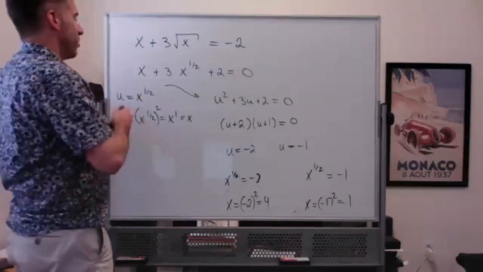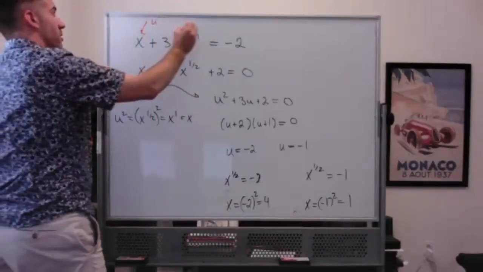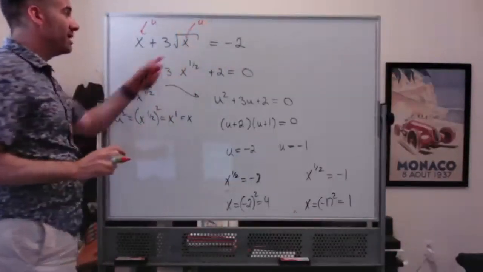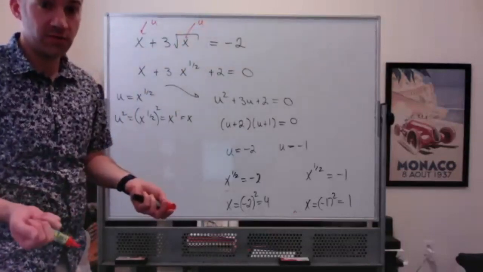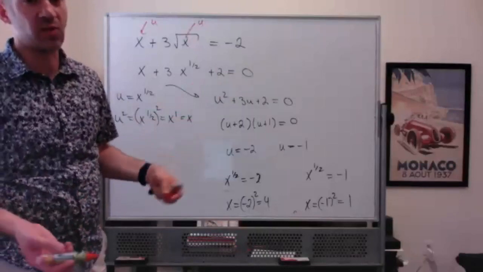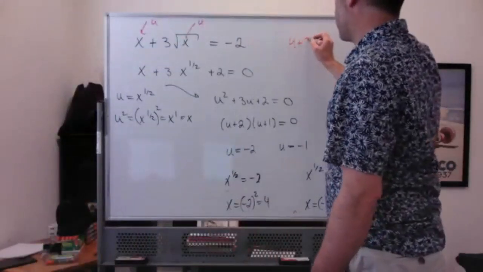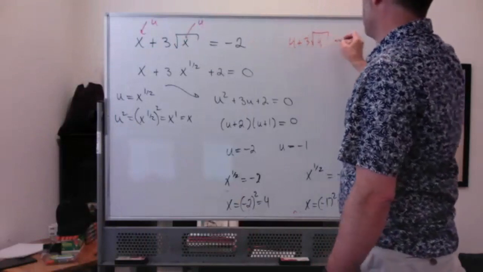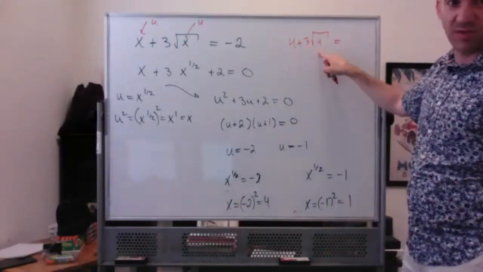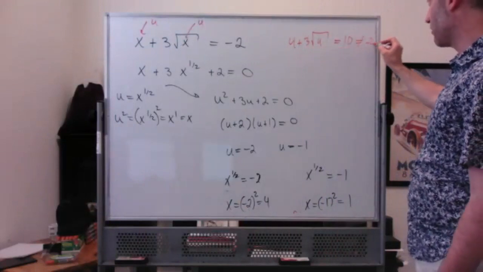So the problem is when we plug in 4 here, we need the square root of 4 to be -2 so that it comes out to be equal to -2, but it's not. The square root of 4 is equal to +2. So 4 isn't a solution because 4 plus 3 times the square root of 4 is equal to 4 plus 3 times 2, which is 4 plus 6, which is 10, which is not -2.